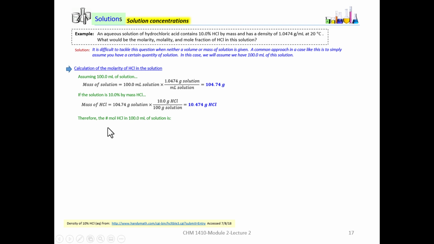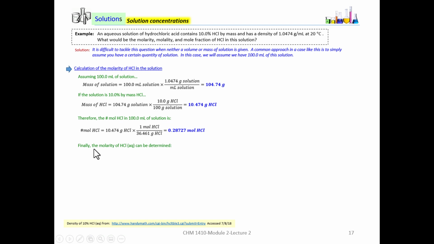Therefore, the number of moles of HCl in that 100 milliliters would simply be our mass of HCl divided by the molar mass of HCl, and we'd get 0.28727 moles of HCl. Because of this 10 grams here, we're really only allowed 3 significant figures, but we're carrying a couple extra here for a minute.